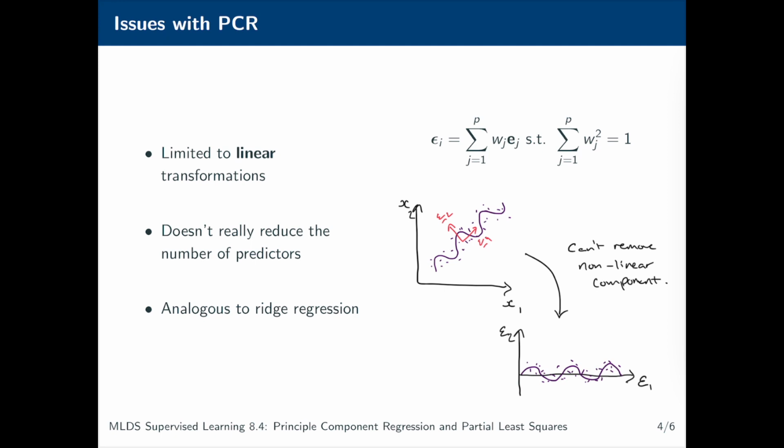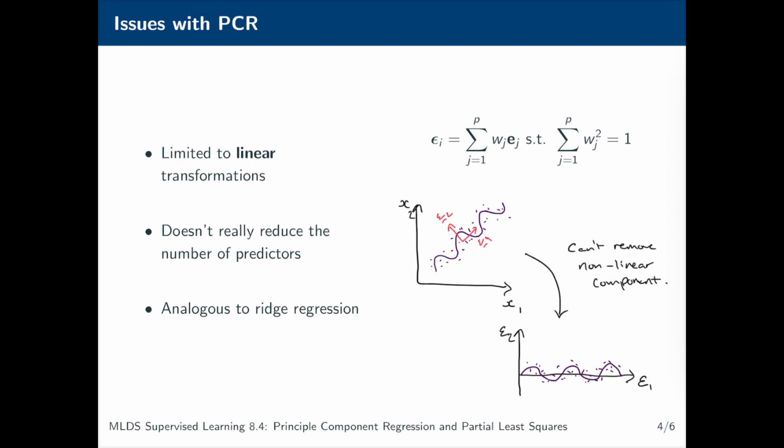But that isn't really what we're doing here, because in reality, the probability of any of our original predictors being given 0 weight is going to be incredibly small. What we're actually doing is using a smaller number of predictors, but each of those is dependent on all p of our original predictors.